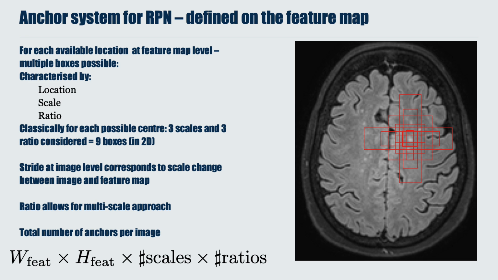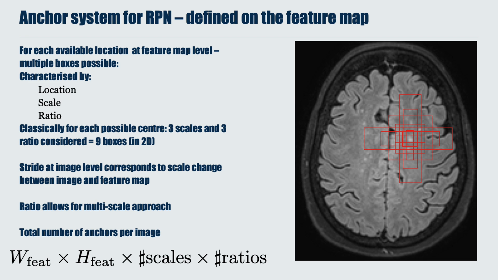At the feature map level, for each available location, you propose multiple boxes that are characterized by the location, the scale, and the ratio. Classically, in 2D, for each possible center, you propose 3 scales and 3 ratios, which gives you 9 boxes. So for every single location at the level of the feature map in your image, you will get 9 anchors, 9 proposal boxes.